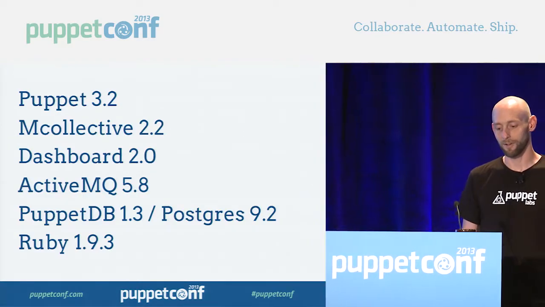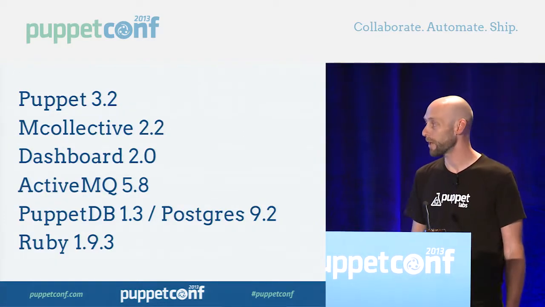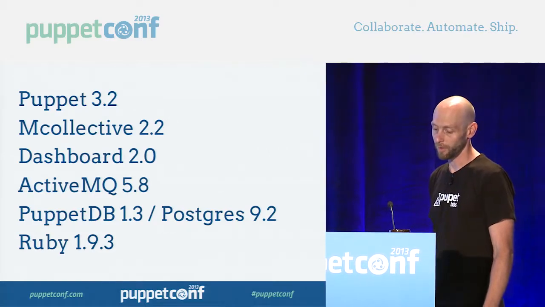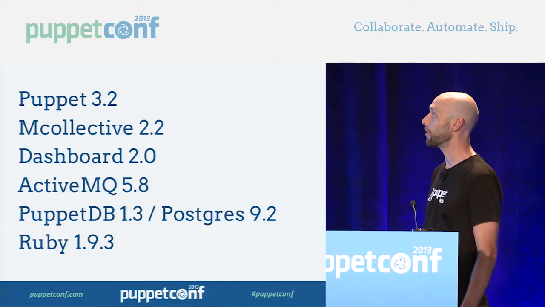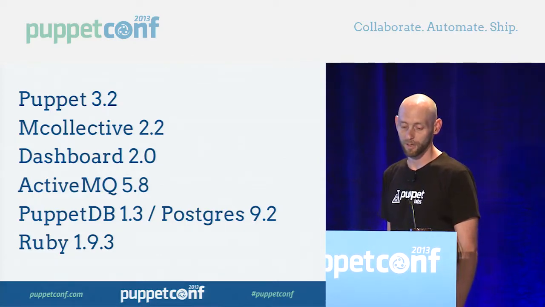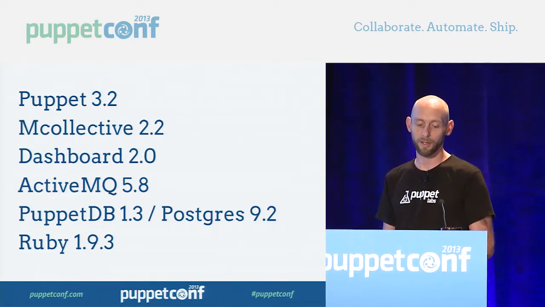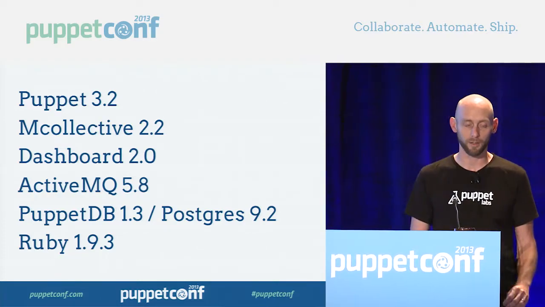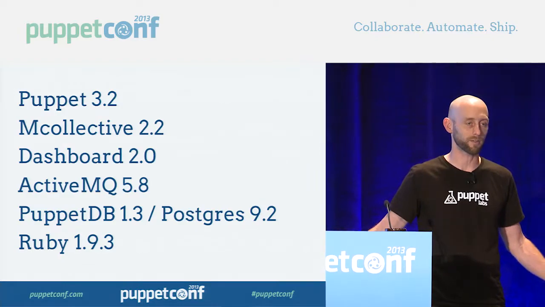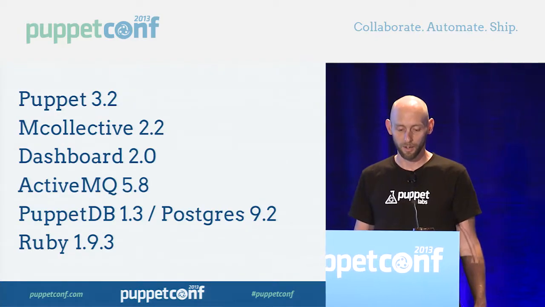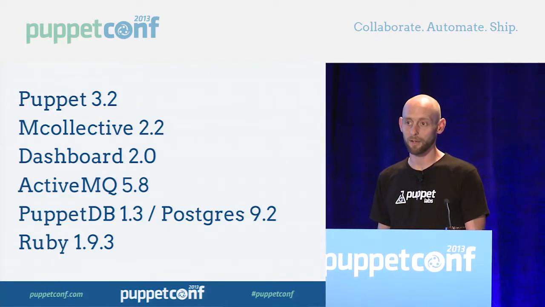There's a huge amount of tough engineering work that sped up the underpinnings of Puppet Enterprise. I talked a little bit about the performance work that was in Puppet 3.0. That's continued to be refined over time in Puppet 3.2. Every component in the stack got an update, and more importantly, the versions are consistent across all of the platforms, all the operating systems that Puppet Enterprise runs on, which can be kind of a pain to get going on your own.